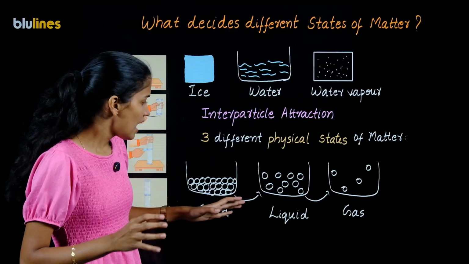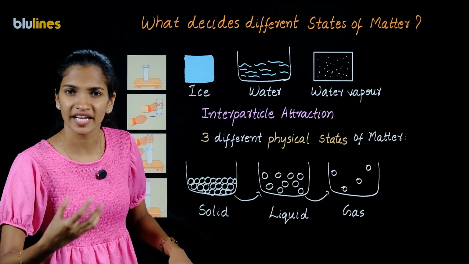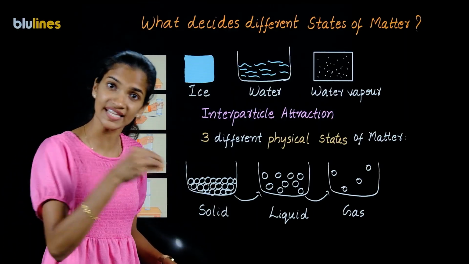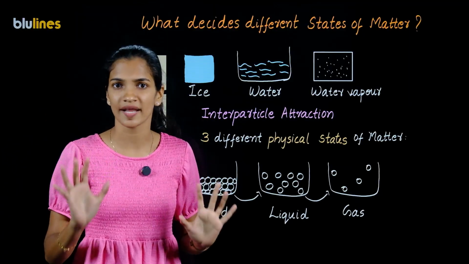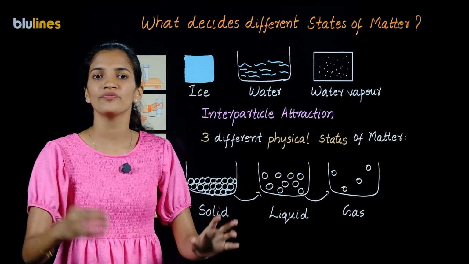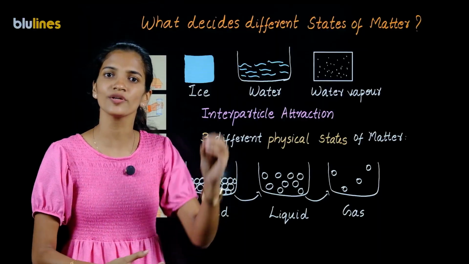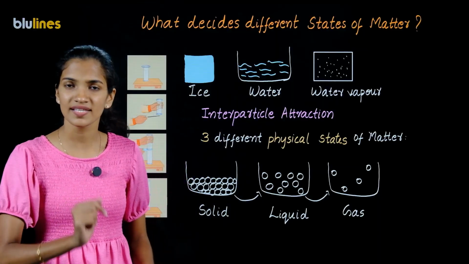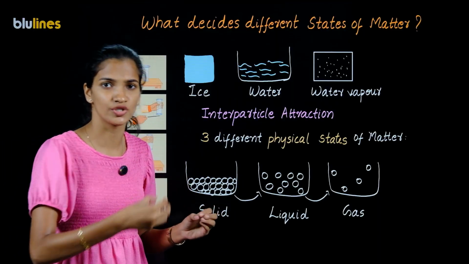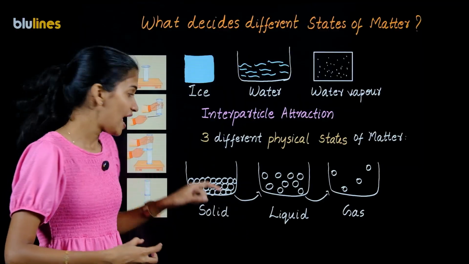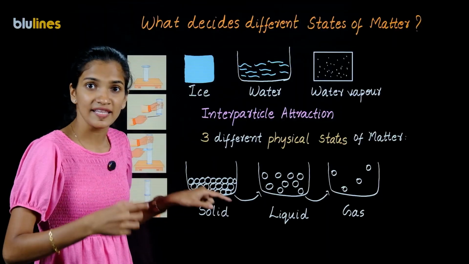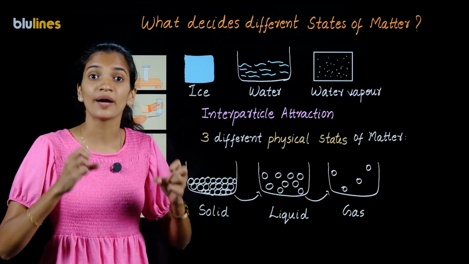Now, suppose I am passing a certain amount of thermal energy or heat energy into this solid. That means consider an ice cube as an example of a solid. You know that when we heat this ice cube, obviously it will melt. It is because when we apply heat energy or thermal energy to an ice cube or a solid, the vibration that these particles are showing will become tremendous.